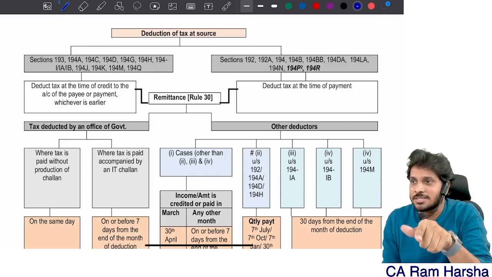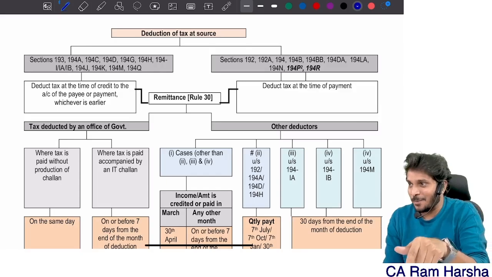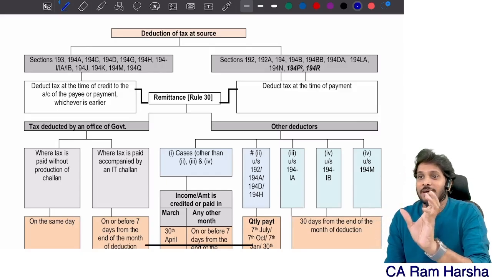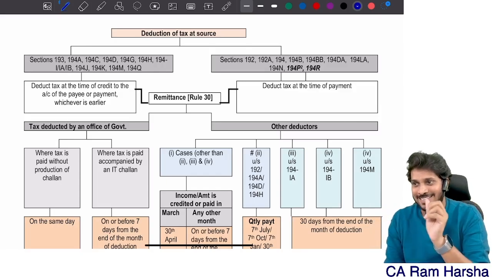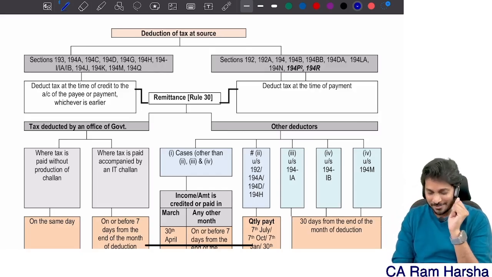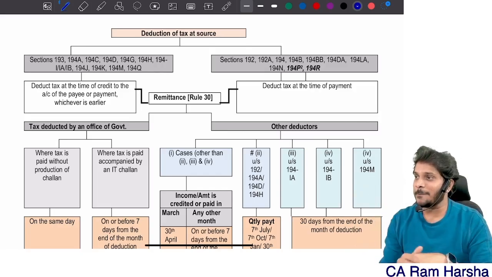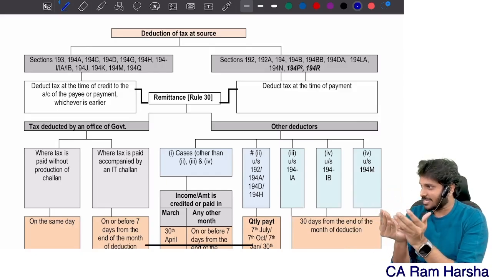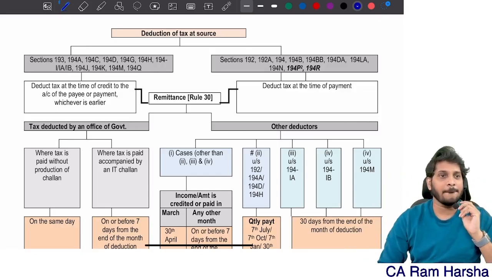So the payer deducts the tax and pays the balance amount to the payee.